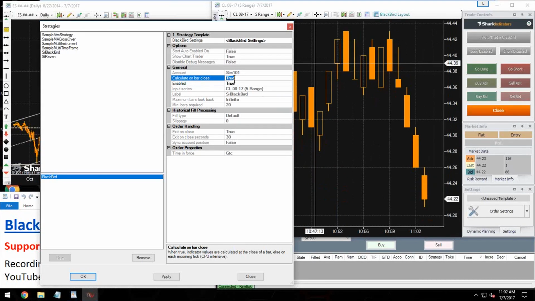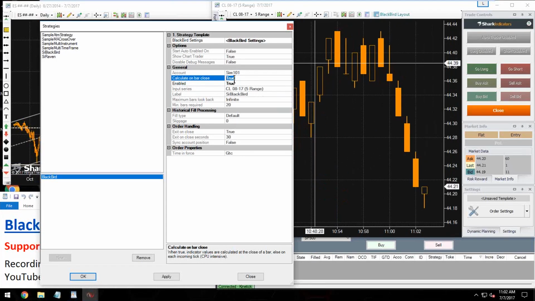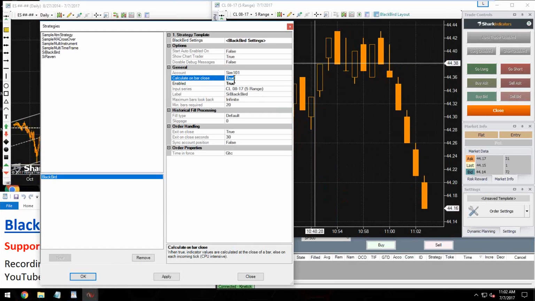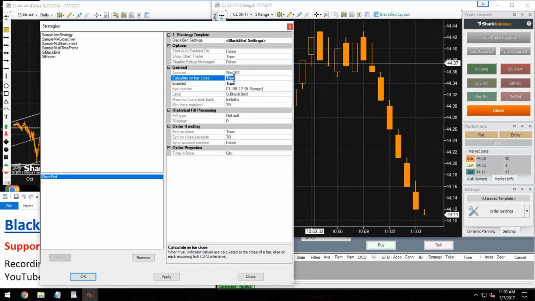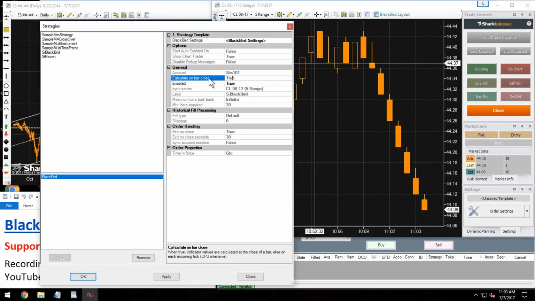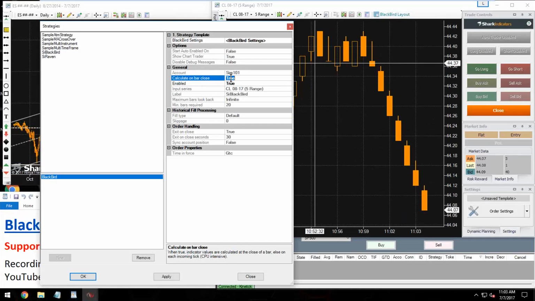In other words, Bloodhound can only fire off signals. It doesn't matter if it's a trade signal or if it's some other kind of secondary signal that controls your stop losses or maybe moves your profit targets around, right? In any case, Bloodhound will only calculate when the bar closes if this is set to true, right? So basically, Bloodhound follows this rule.